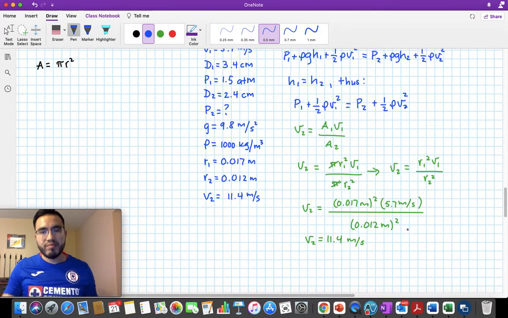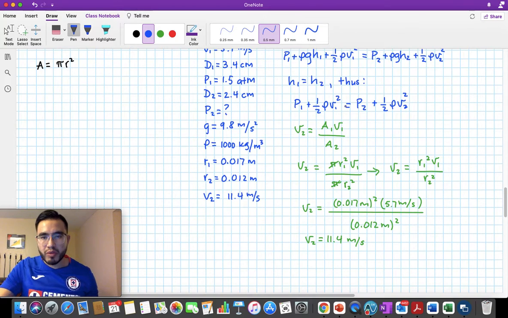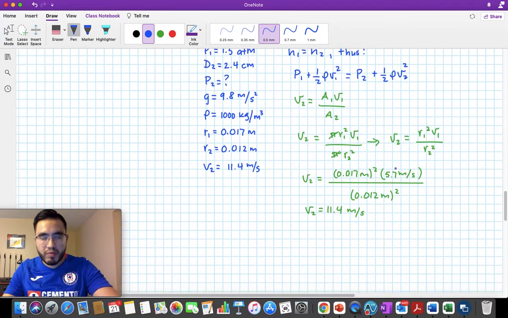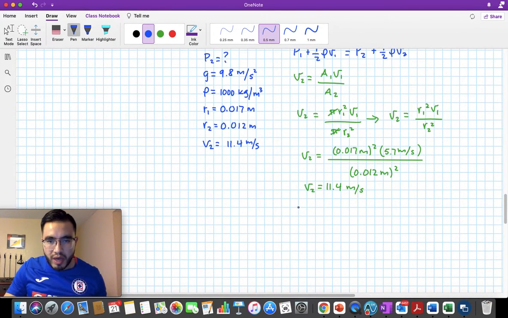Now we can use Bernoulli's equation, the simplified version for equal heights. We'll have pressure 1 plus the kinetic energy, that is half rho V1 squared, is equal to pressure 2 plus 1/2 rho V2 squared.